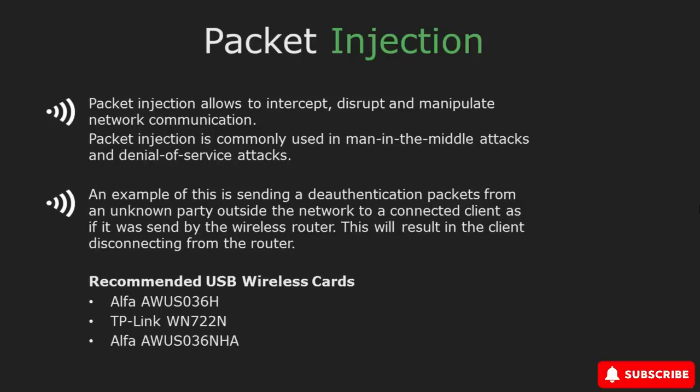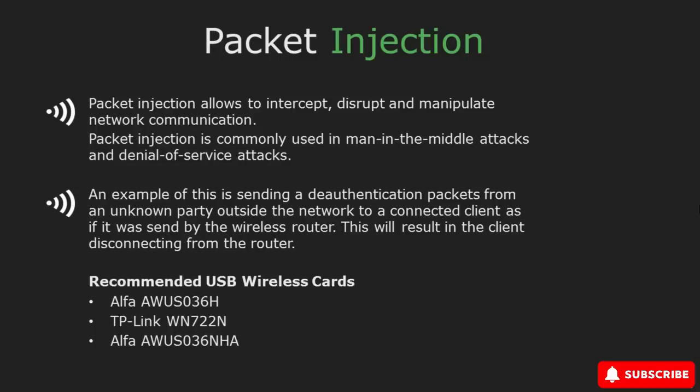The best supported and recommended USB wireless adapter for Kali Linux is Alfa AWUS036. This adapter has good sensitivity and can find hotspots that are far or weak in signal strength.